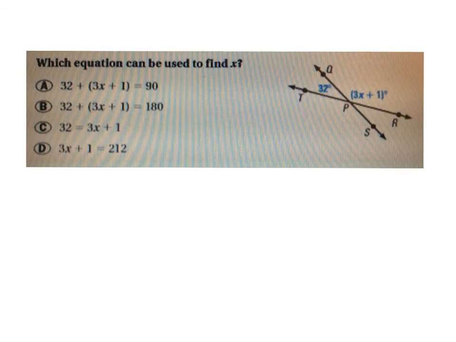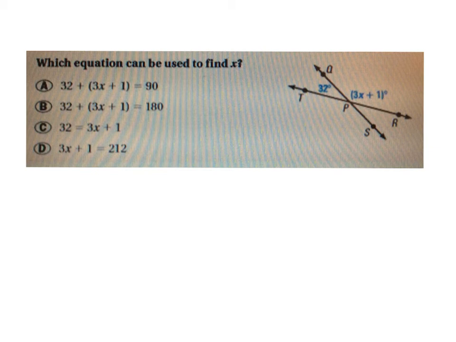Okay, and the last thing that we have in this lesson is a standardized test practice problem. We're going to use our illustration here, and we're going to find which equation can be used to find x. If you look at this here, we have a linear pair.